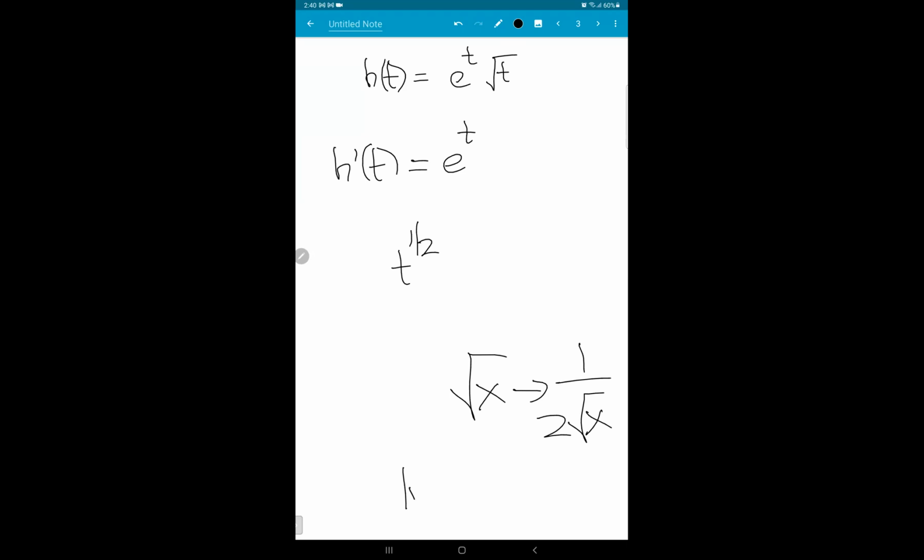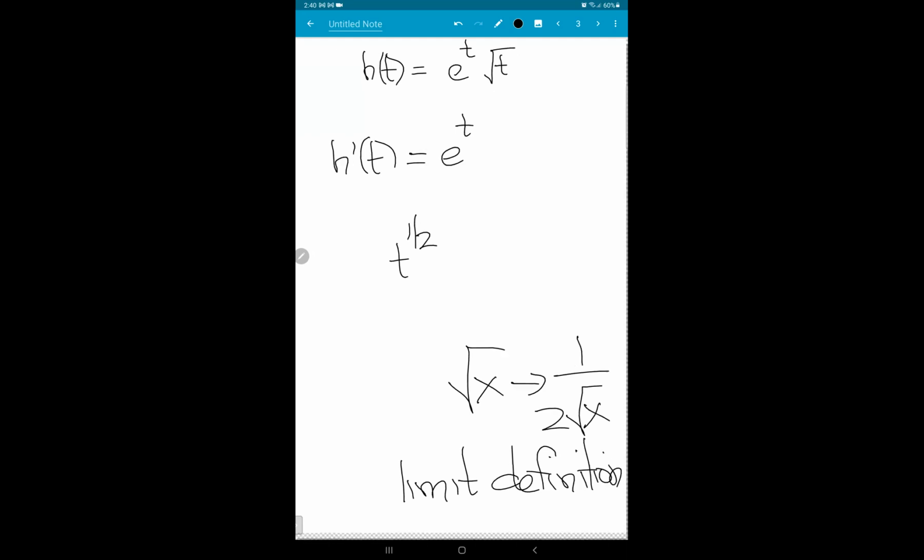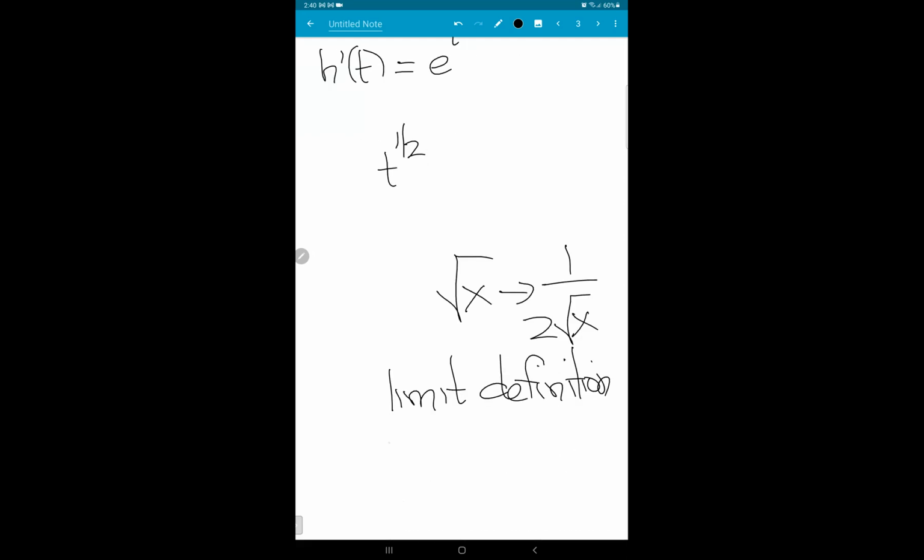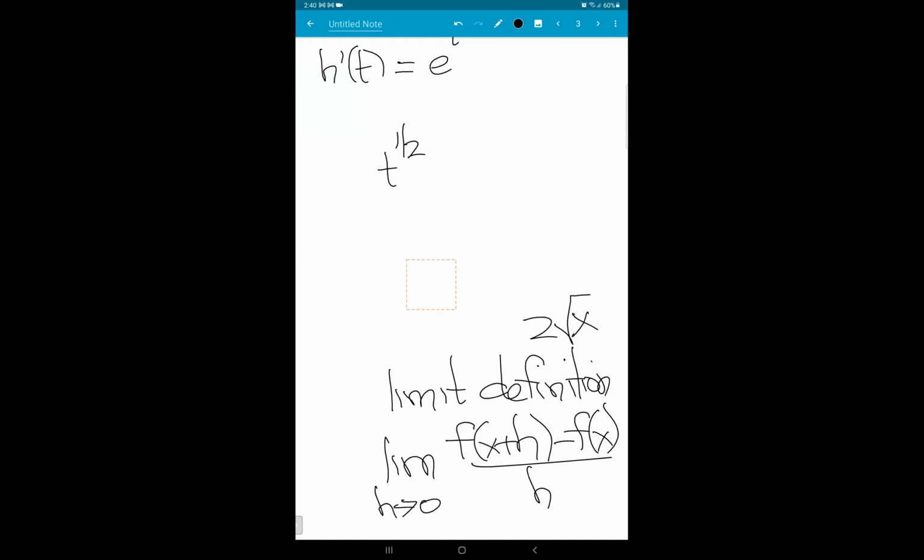Still remember, ito na yung huling natin asynchronous class ko na nagtinuro ko. Yung limit of f of x plus h minus f x all over h as h approaches 0. Okay, but we can also get that quickly by applying the power rule.